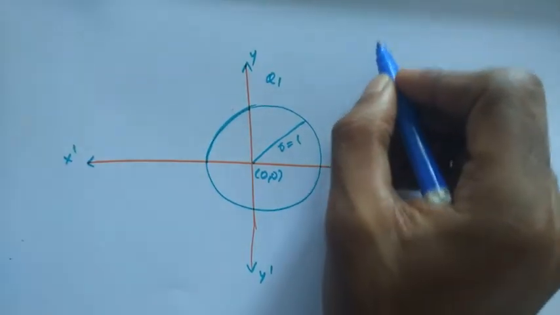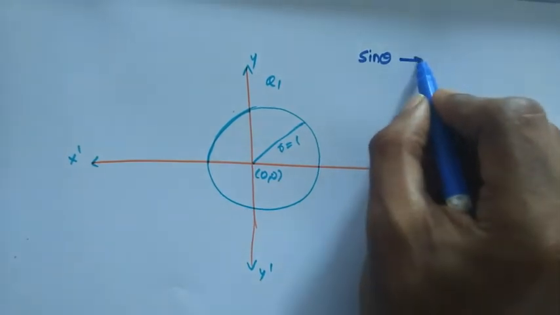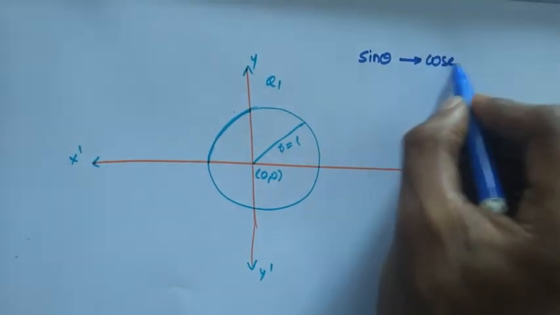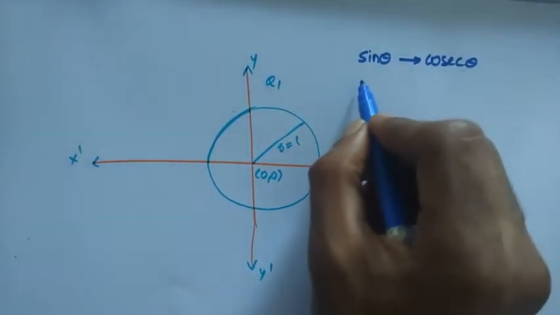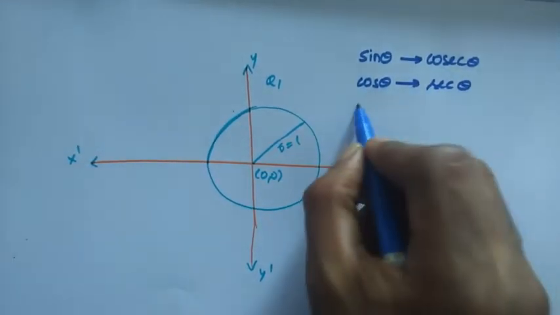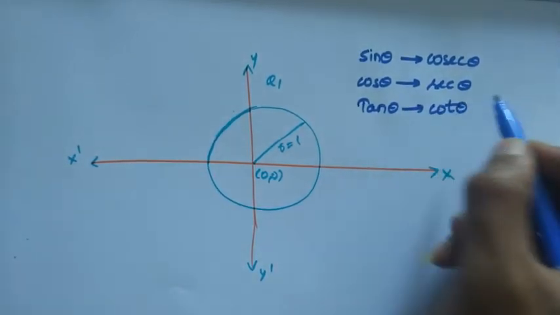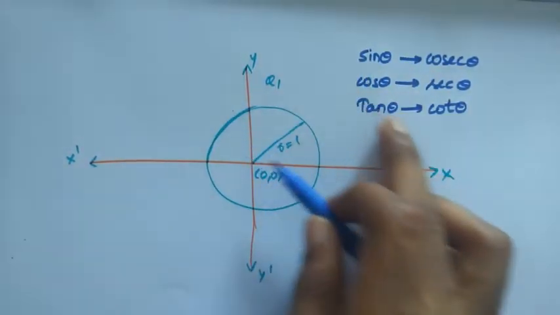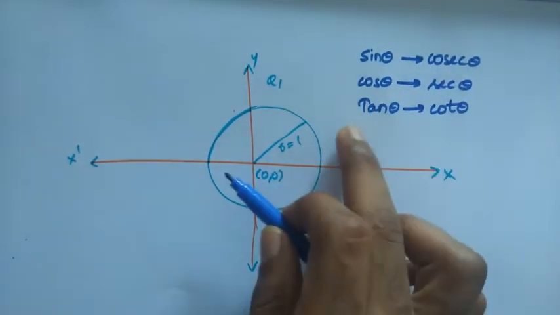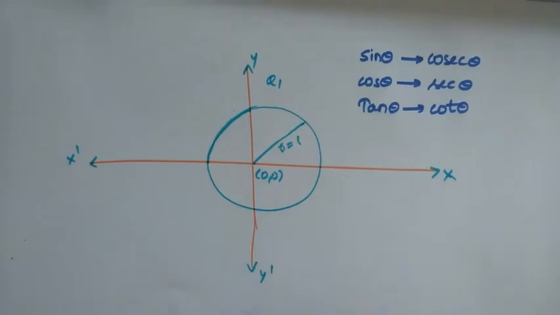So the trigonometric ratios are sin theta and its reciprocal, cosecant theta; cos theta and its reciprocal, secant theta; tan theta and its reciprocal, cot theta. So I'm going to see which of them are positive in this quadrant and which of them are positive in this quadrant and similarly in these two quadrants.